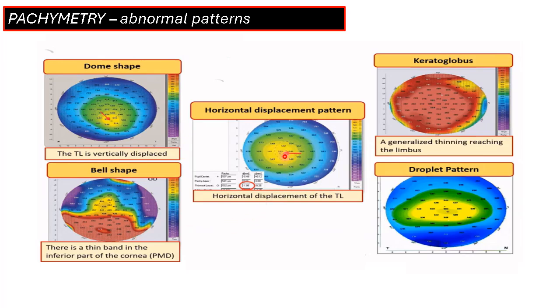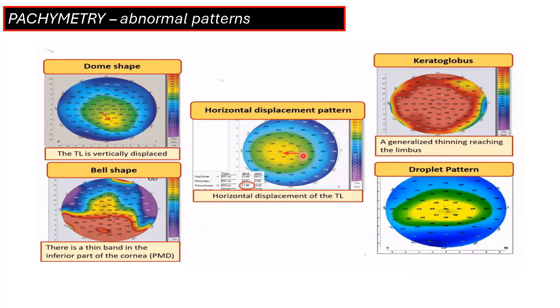Another thing, when you find that there is horizontal displacement of the thinnest point, as you know the thinnest point is normally just below the corneal apex and within a range of less than 0.5 millimeter.